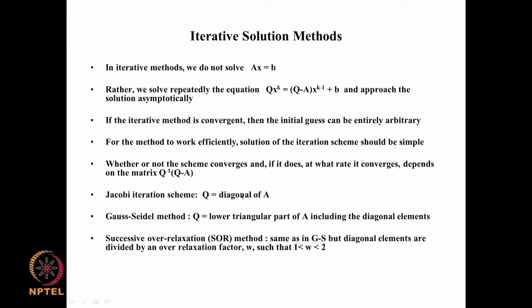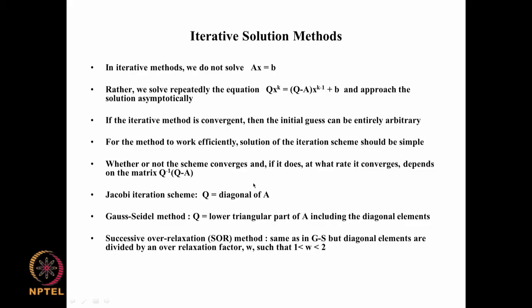And we can show that the Jacobi iteration scheme, when constructed this way, that is taking Q to be the diagonal elements and all the rest zero, is convergent when the weak form or the strong form of diagonal dominance is satisfied. Then we know that the Jacobi iteration method will work. If that is there, then we have a convergent scheme and we can make it work.